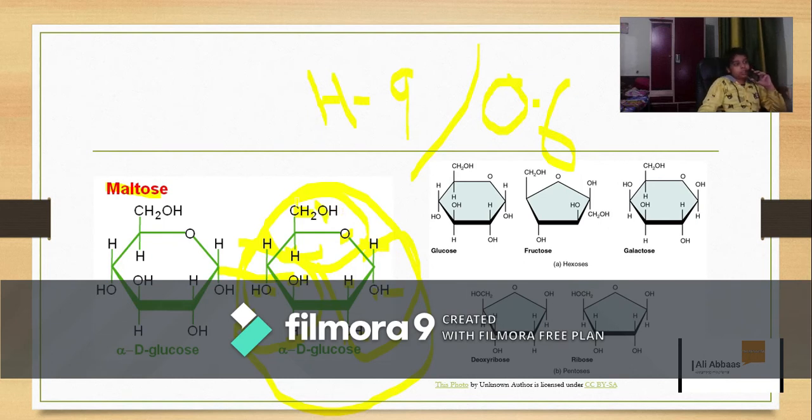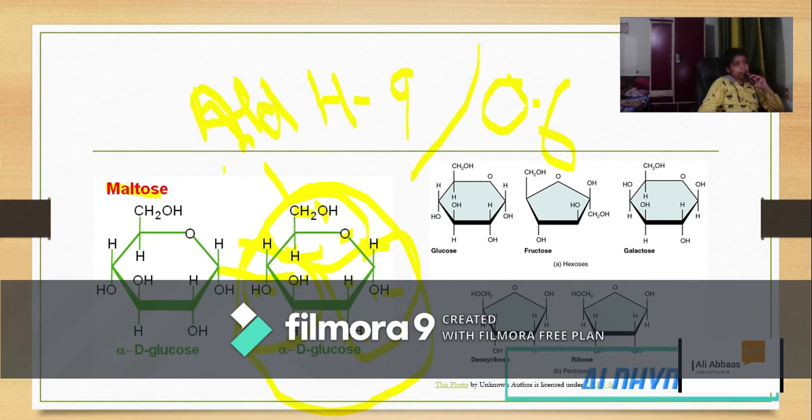This part of the molecule is where carbon, a hydrogen and an oxygen are bonded, and the oxygen is double bonded to the carbon. So it's an aldehyde. I'm just writing it: A-L-D-E-H-Y-D-E, aldehyde.